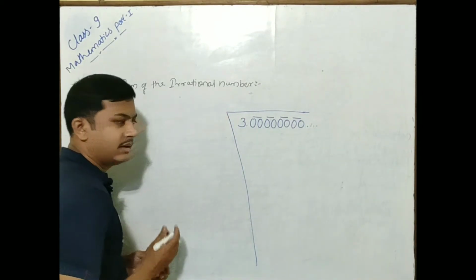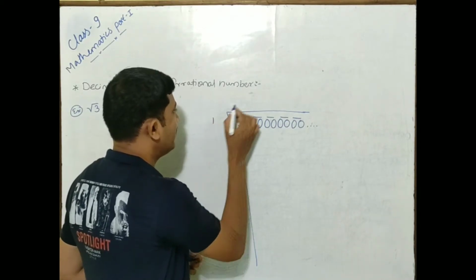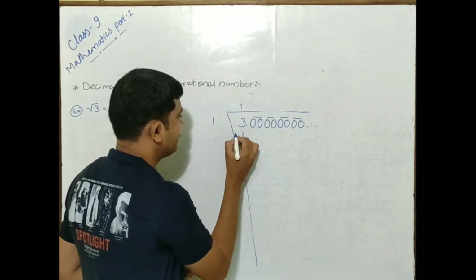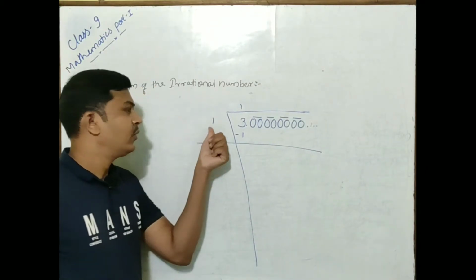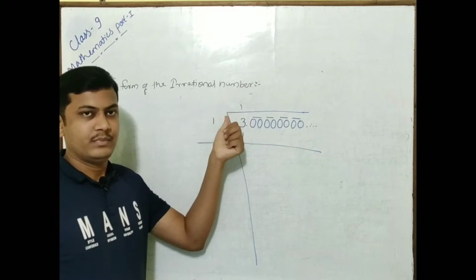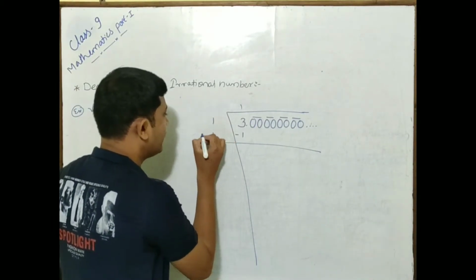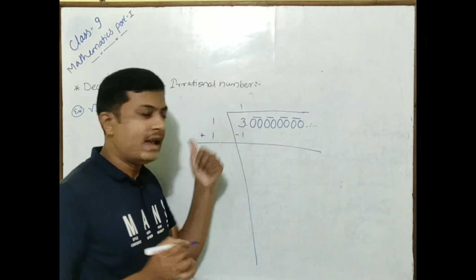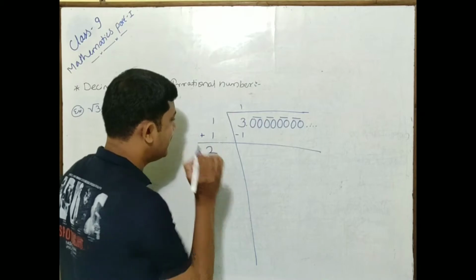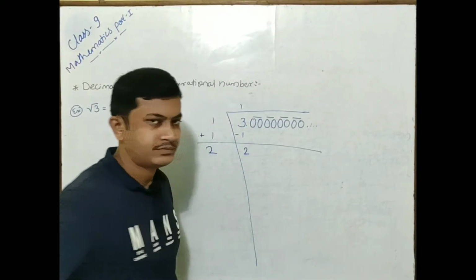Divide the given number by 1, that is 1 1 is 1. But as per the rule, if we take here 1, we have to write the number at 3 places, that is 1 1 and here 1. Here 1 is for the addition, that is 1 plus 1 becomes 2, and 3 minus 1 becomes 2.